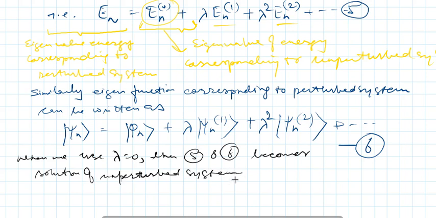So that means the perturbation depends upon this; the extent of perturbation depends upon this parameter lambda, right? So this leads to En is equal to En naught and psi n is equal to phi n, right?